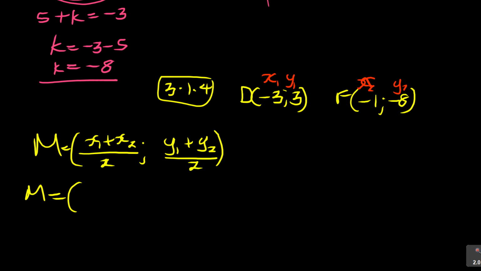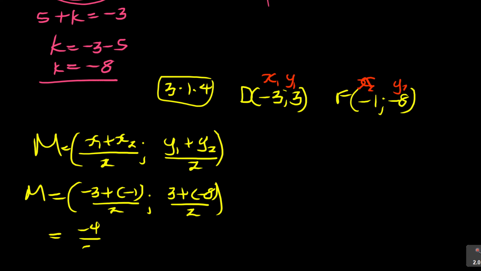So it doesn't matter whether you call it your xD, yD, your xF, yF, whatever case, it will work. So x1 plus x2, which is minus 3 plus minus 1 over 2, and the other one y1 is 3 plus y2 minus 8 over 2, which is equal to minus 3 minus 1 is minus 4 over 2.